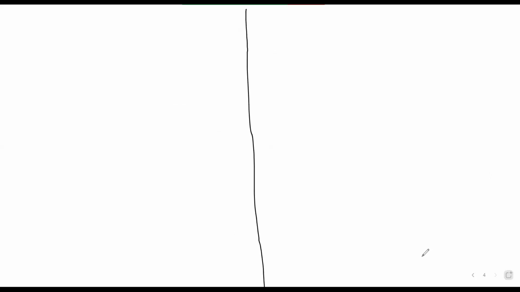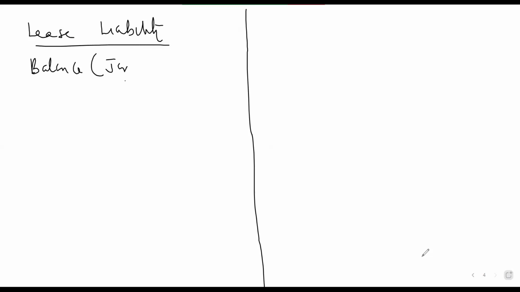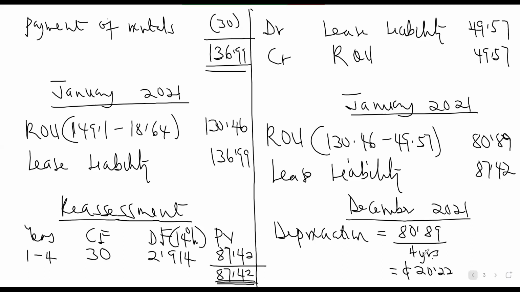So we have lease liability, and we have the balance in January 2021. What is the new balance? 87.42.